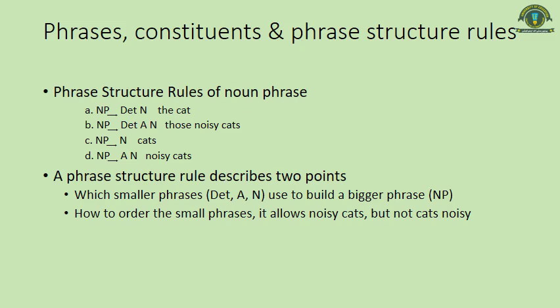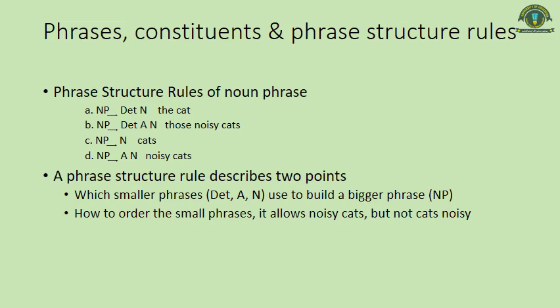You can see in part A, a noun phrase is made of a determiner and a noun, the cat. Second, a noun phrase is made up of a determiner, adjective and noun, those noisy cats.